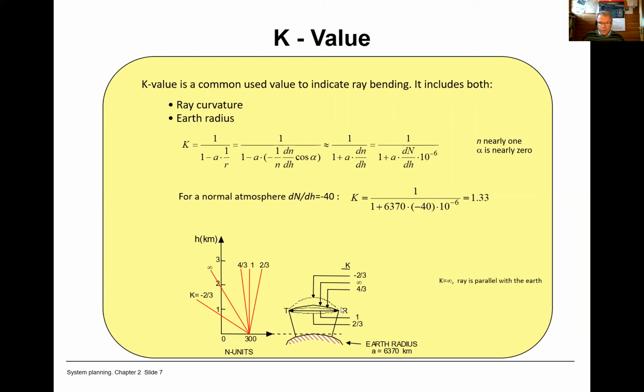If it has a negative value, it bends more than the radius of the Earth. If it's less than infinite, it bends less than the Earth. And if it's 2/3, it bends upwards. And if K equals 1, that means the same as if there was no atmosphere, so then it shoots in a straight line.